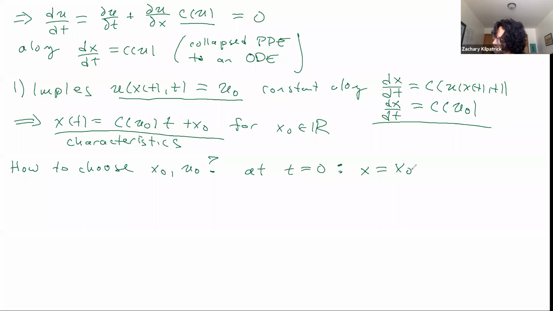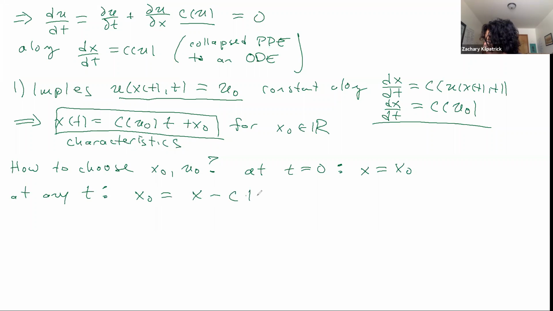And also, we can then write that in general, at any t, we have that x0 is equal to x minus c of u0 times t, okay? All I did is I rearranged our equation for the characteristic, okay?